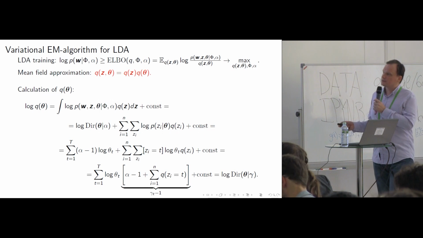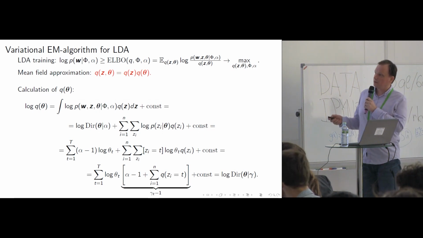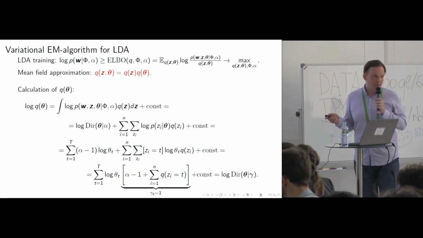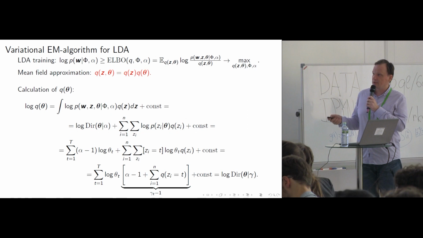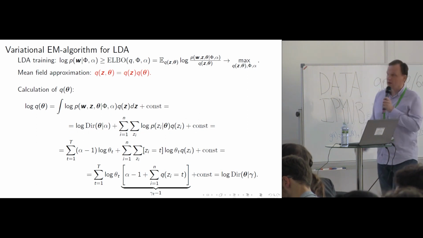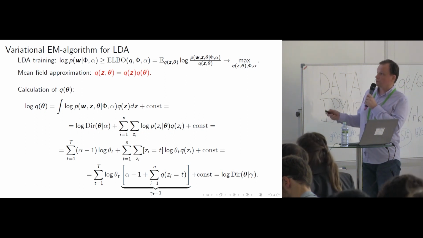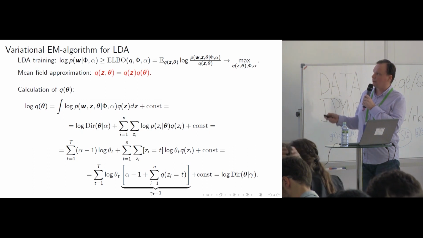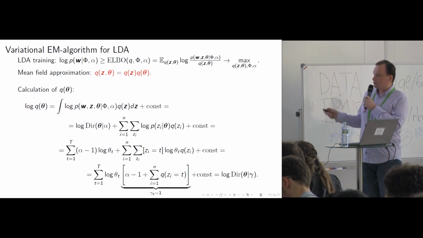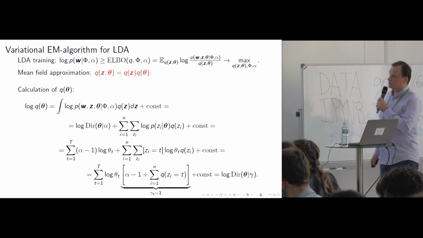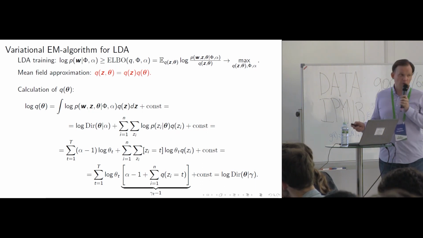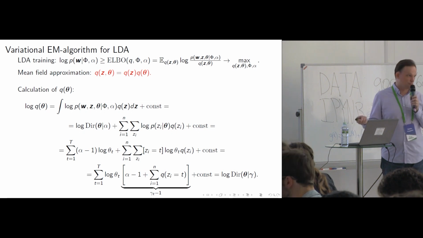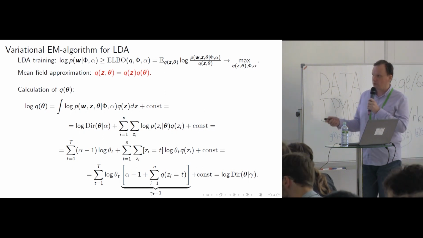And what we do next, here we just write what is the log of the Dirichlet distribution. This is just a sum of the log of separate theta times some coefficient, and we also write what we get here. After equivalent transformation, we come to the result that the logarithm of the new distribution Q over theta has the following form.